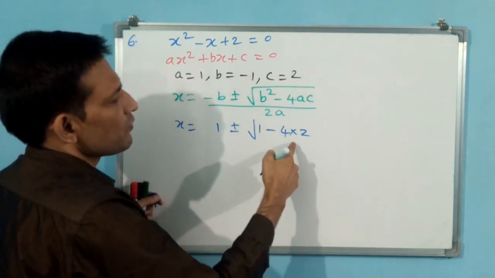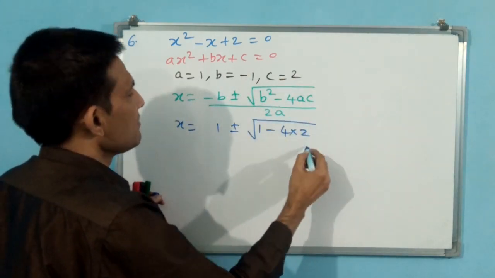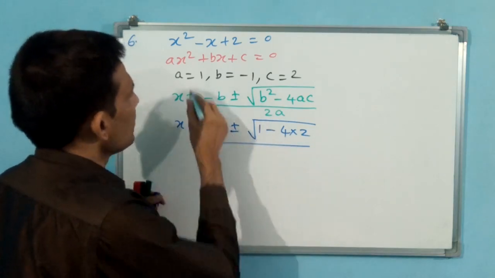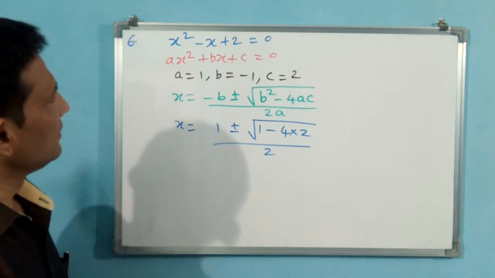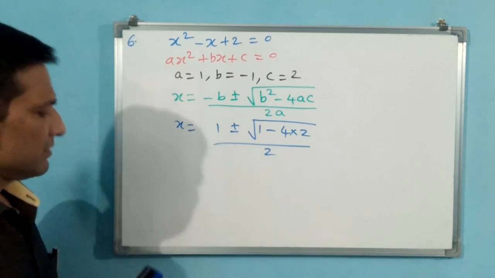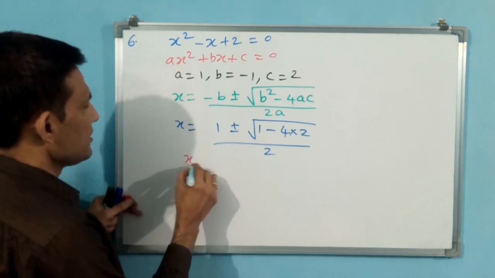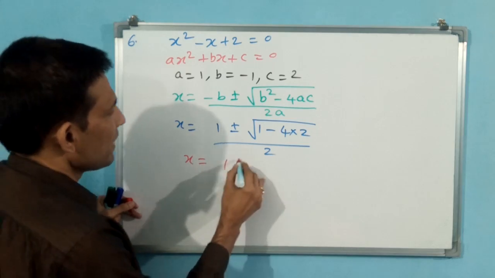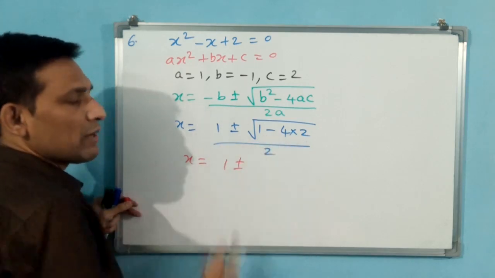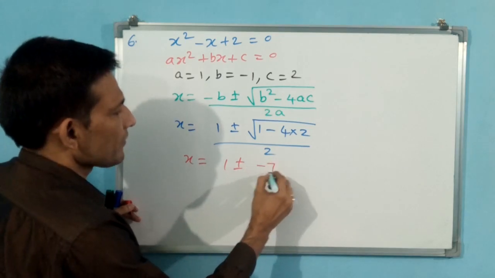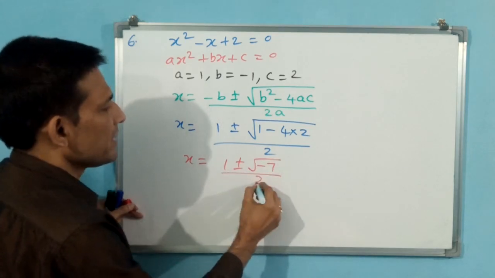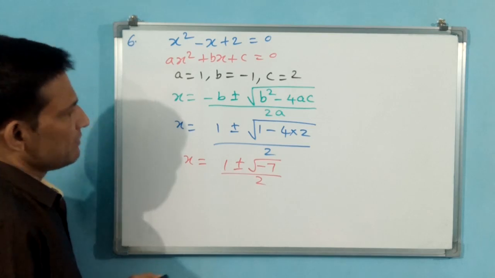Divided by 2a, 2 into 1, you can write only 2. Always these only are coming, minus 7, minus 7 like. Let it be. X is equal to 1 plus or minus, you see, 1 minus 8, minus 7, by 2. You take one step.